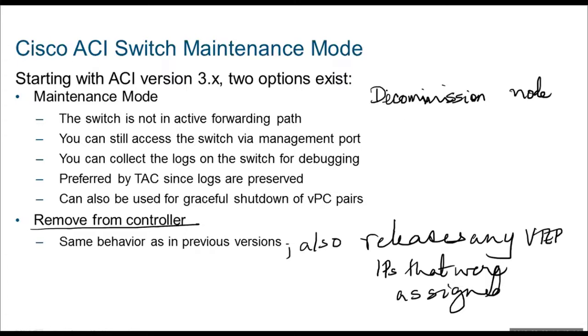Okay. And it would show up under what is called decommissioned switches. It does keep its VTEP IP also. In both cases, the regular decommission mode or in remove from controller, you cannot access the switch via its management port, and also its log gets cleared.